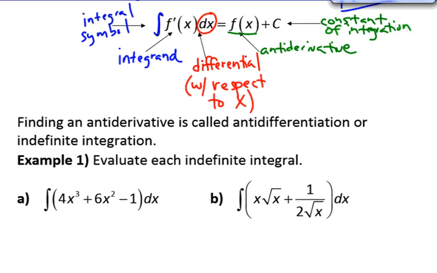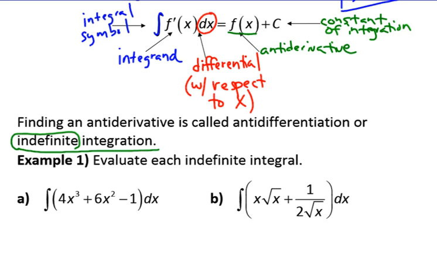So make sure you are familiar with all the parts of an integral, because I will be referring to them by their proper names. When we find an antiderivative, it's called antidifferentiation, or more commonly, indefinite integration. So careful here, indefinite.